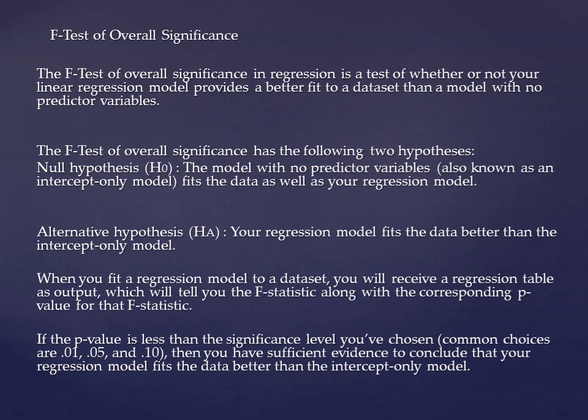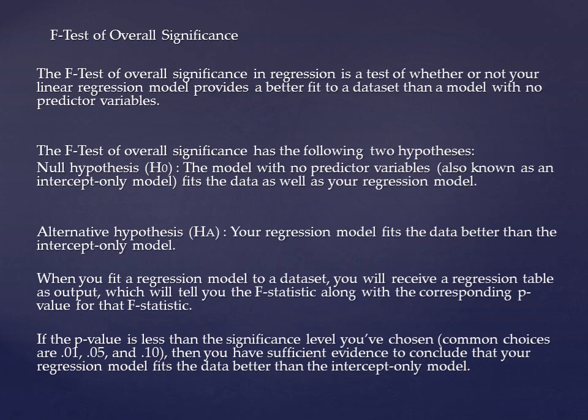Null hypothesis H0: The model with no predictor variables fits the data as well as your regression model. Alternative hypothesis HA: Your regression model fits the data better than the intercept only model.